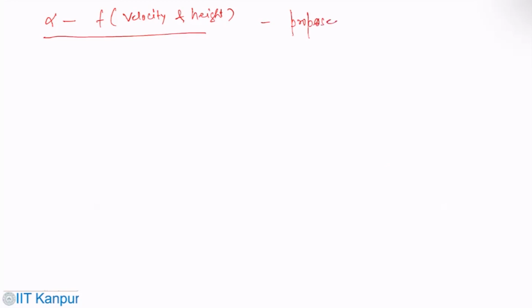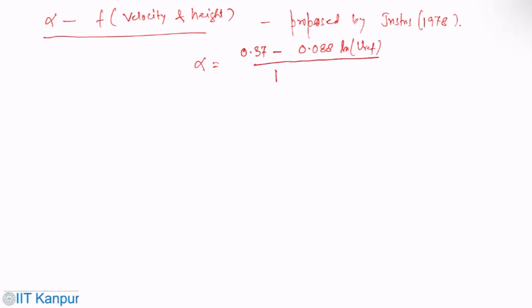proposed by Justus in 1978. The provided expression is that alpha is 0.37 minus 0.088 ln of U reference, divided by 1 minus 0.088 ln of Z reference by 10.